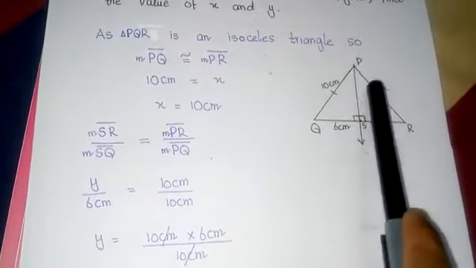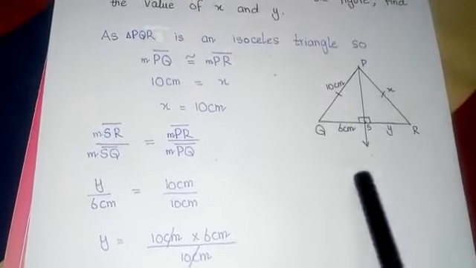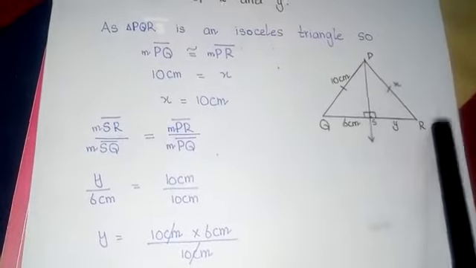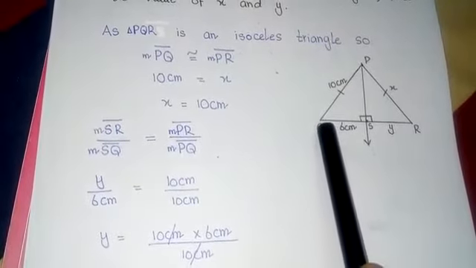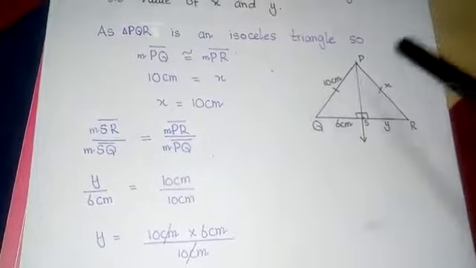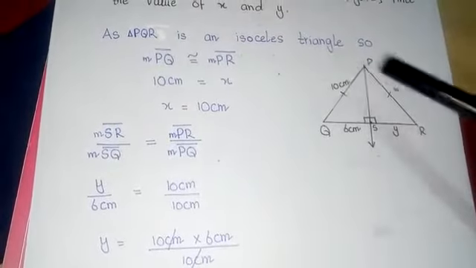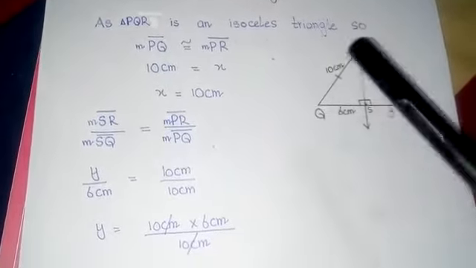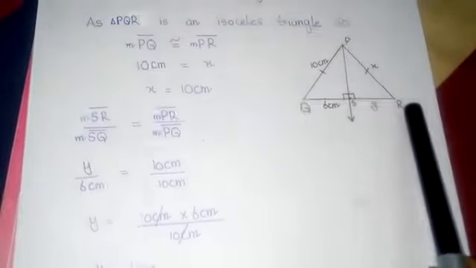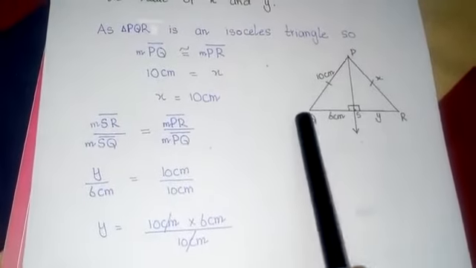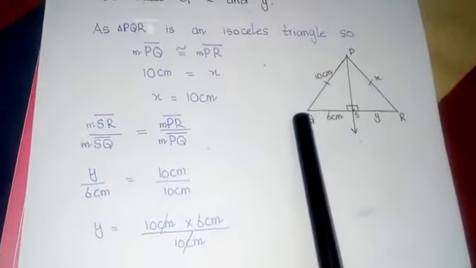So the ratio of SR over SQ is equal to the ratio of PR over PQ. Clear? This is SR over SQ. It will be equal to the ratio of PR over PQ.